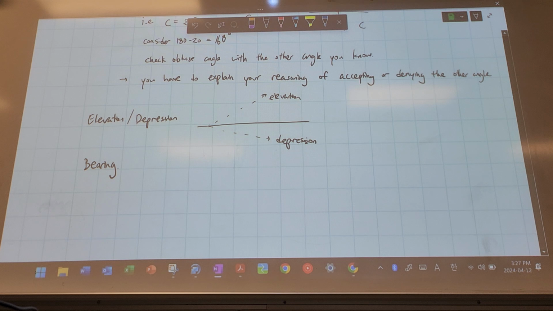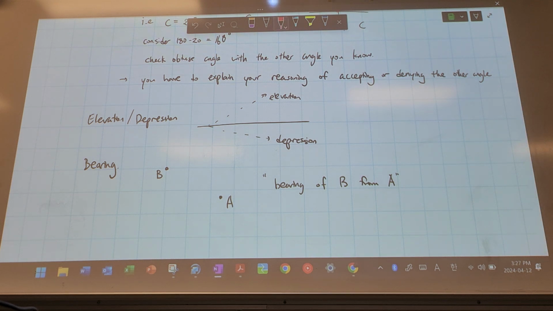Okay. The bearing, what is the bearing? Bearing is a way to explain the location of an object from your perspective. So let's say we have a point B here, and a point A here. Then we say the bearing of B from A. We use a vocabulary like that. And how do you measure that? Imagine you're standing at A, and you first look towards your north.